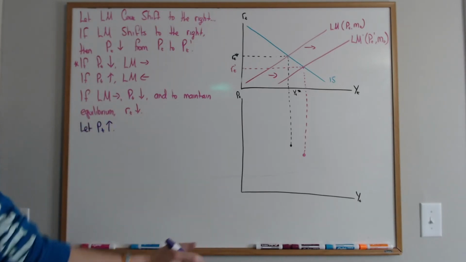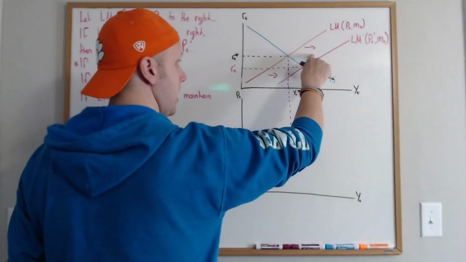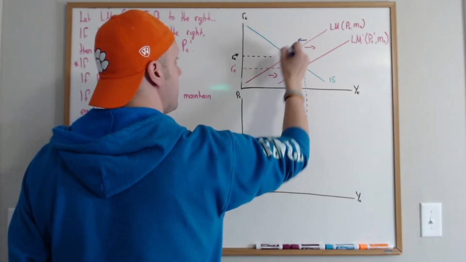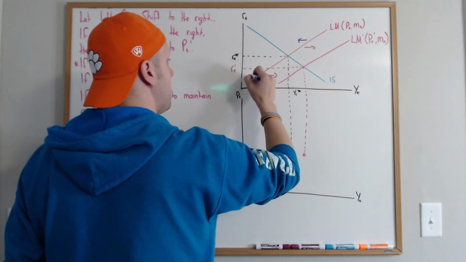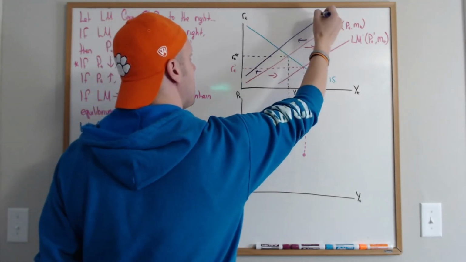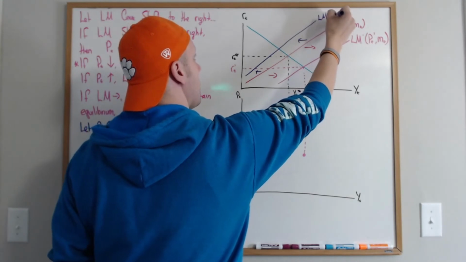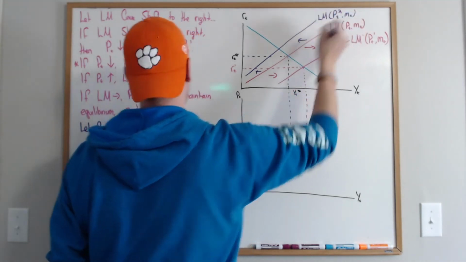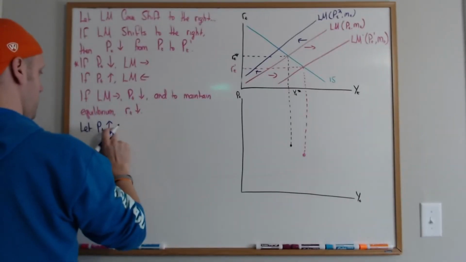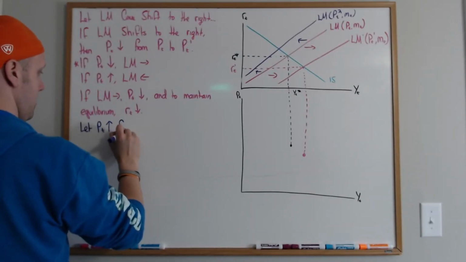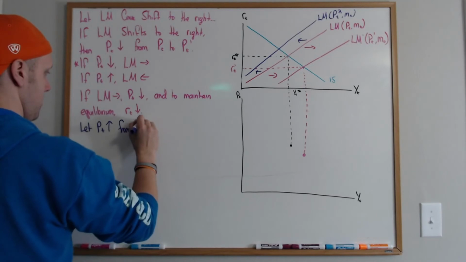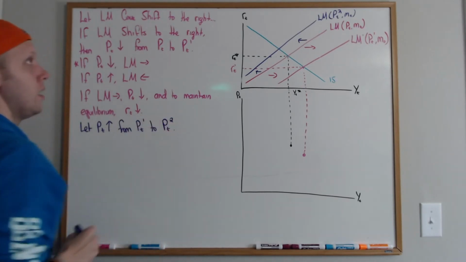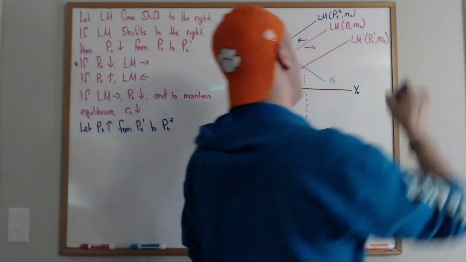Now, if the price level increases, initially, right, when it fell, the LM curve shifted out. But if the price level goes up, what happens is this LM curve shifts in. So it's going to shift from, say, PT1 to PT2.